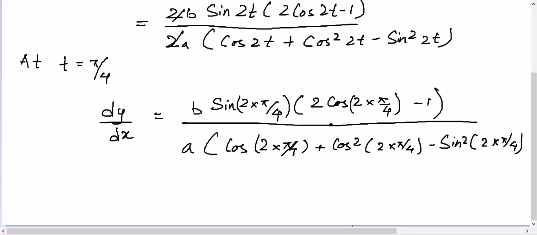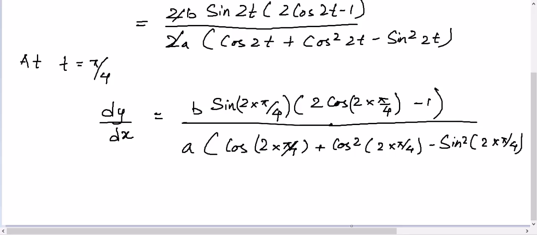If you see, all the terms have become pi by 2 because it was 2t.